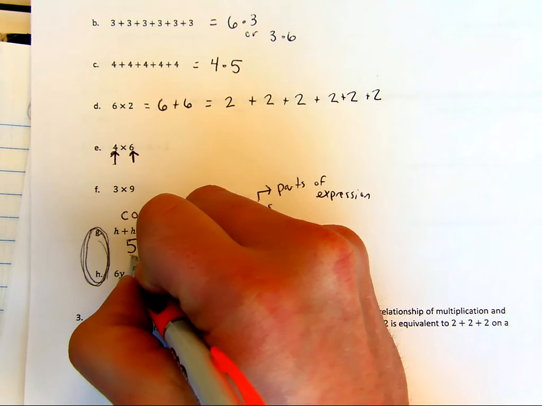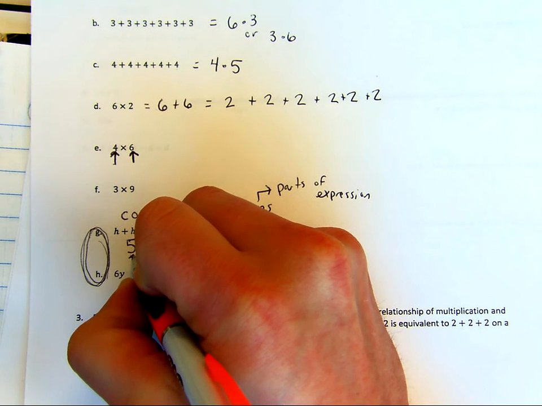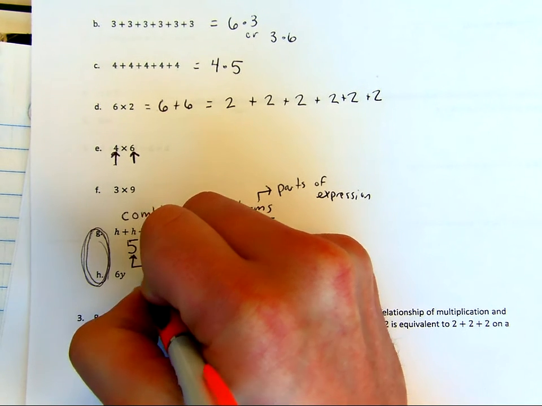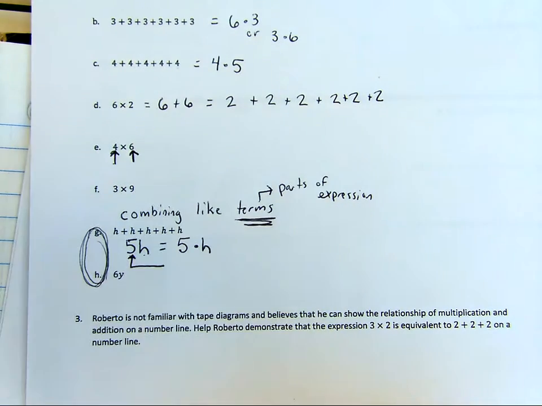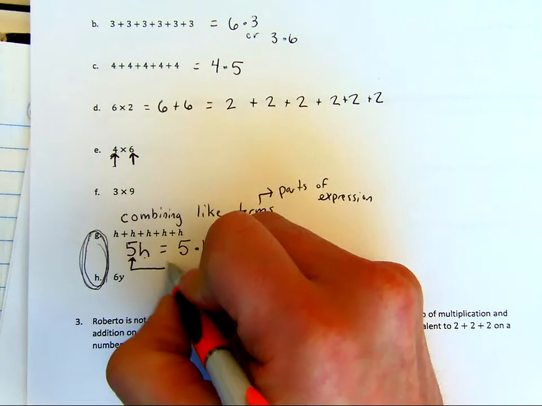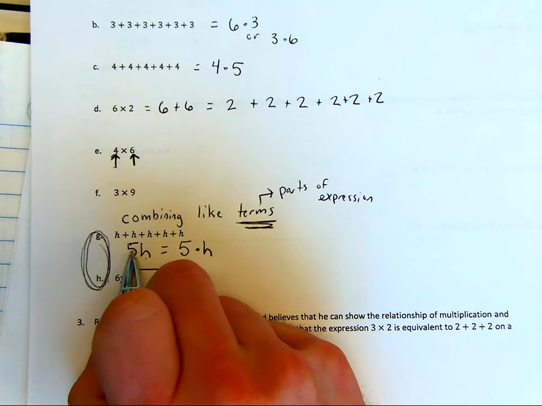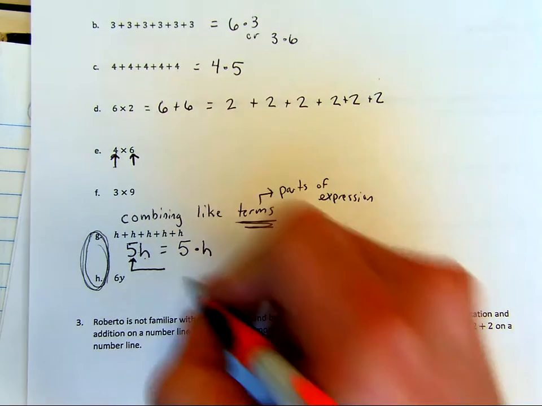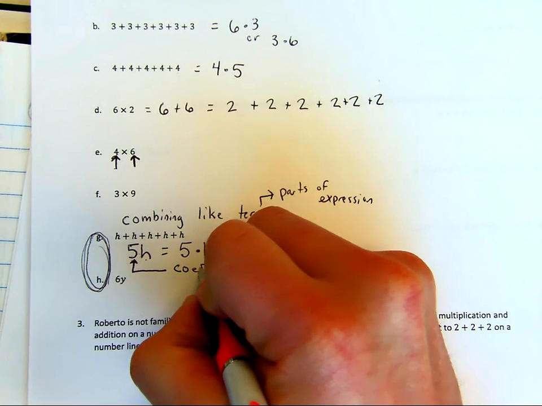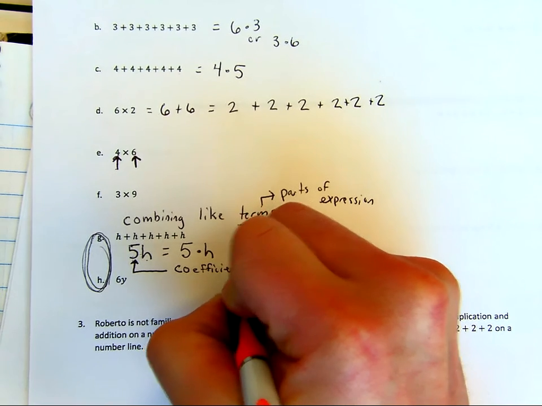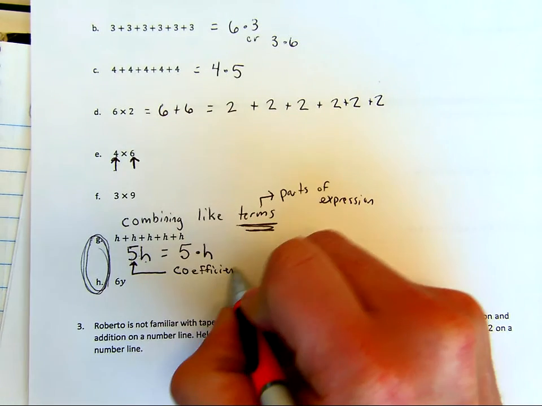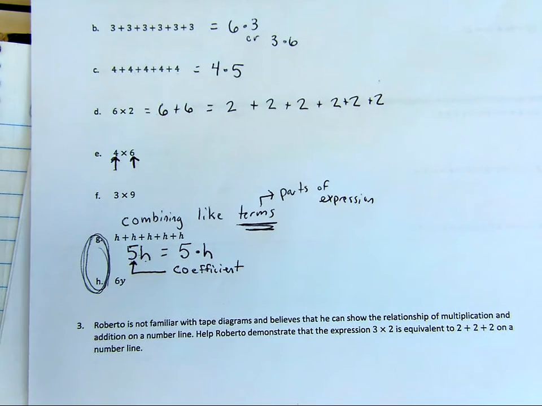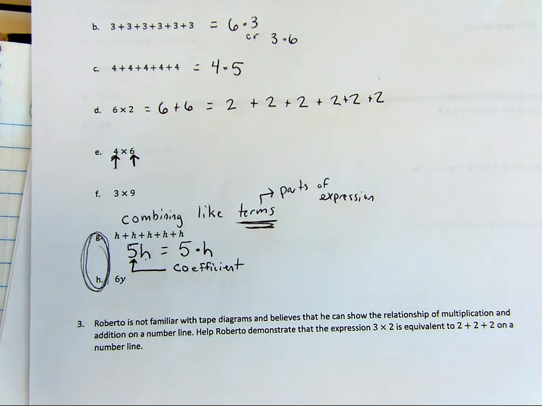So this, another vocabulary word, again, I know we're looking at a lot of vocabulary words, but the 5 is called the coefficient. The number before the variable, how many of the variable I have, is called the coefficient. And again, it's another word that we need to know.